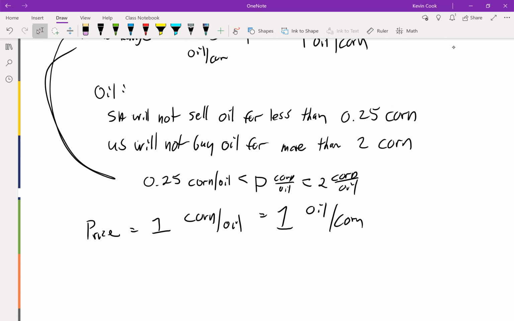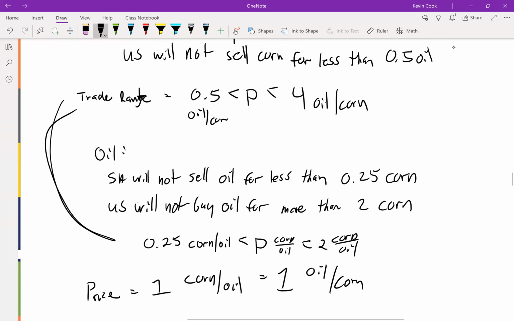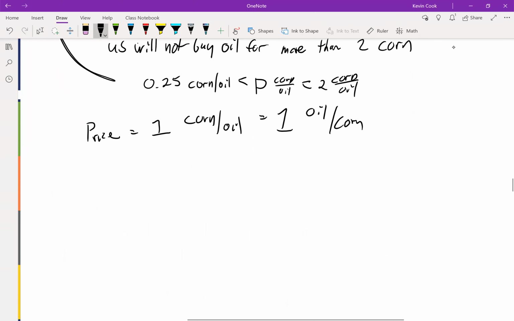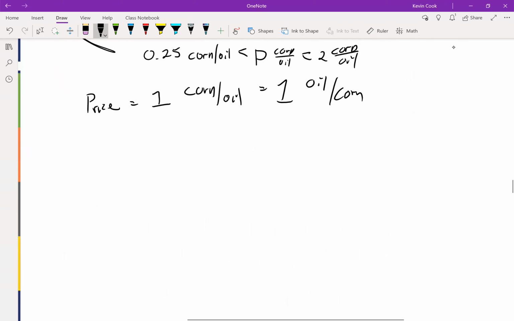So let's put this together. Excuse me. I'm going to make a little chart. So we have Saudi Arabia and the US. Then we had our initial production, and this is with no trade.